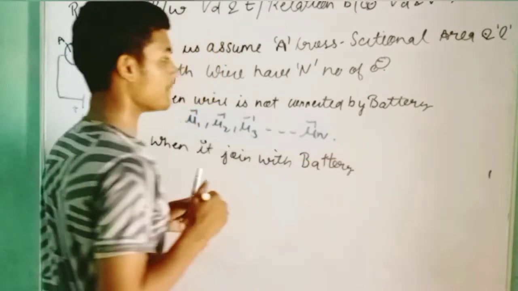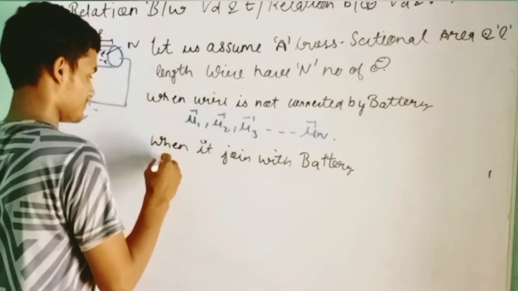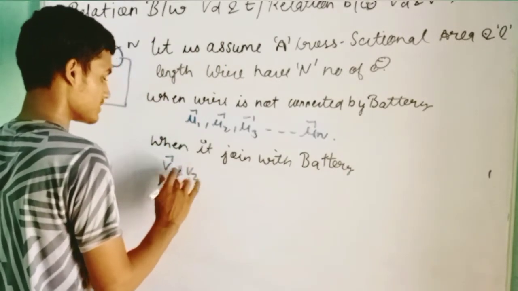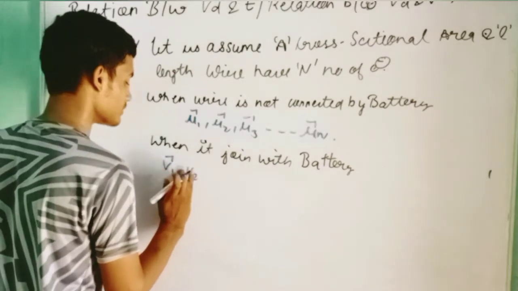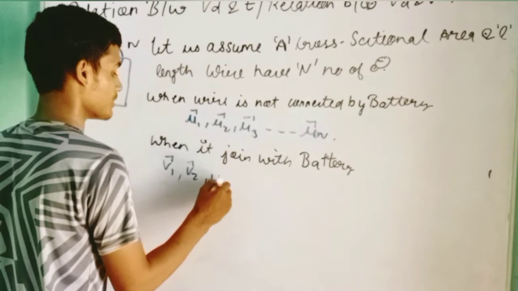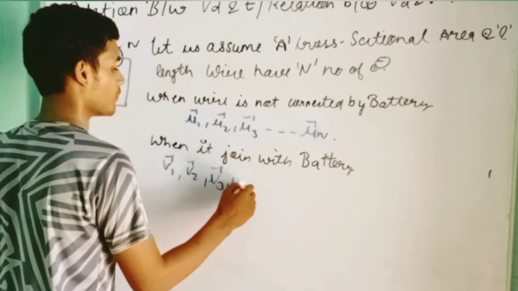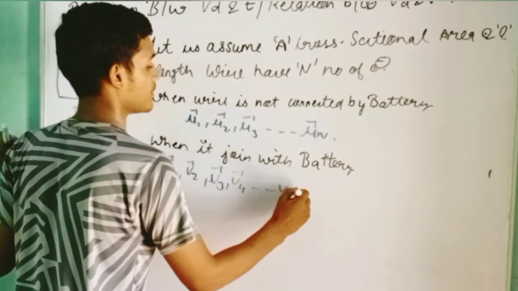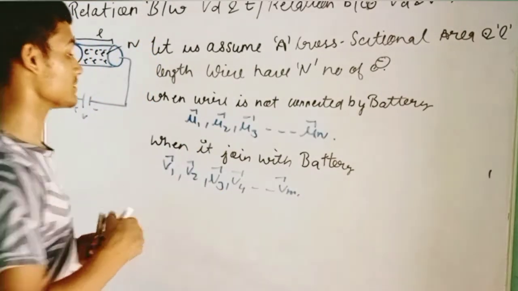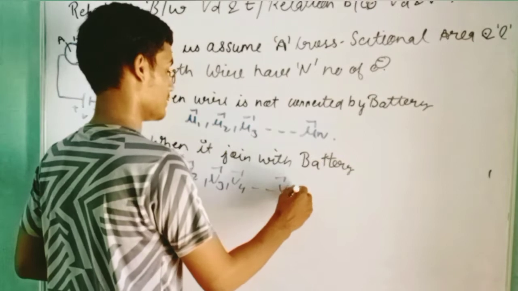So when it is joined with the battery, here we take only the velocities v1, v2, v3, v4 up to vn. We take care that velocity is a vector, so we take care of the direction.